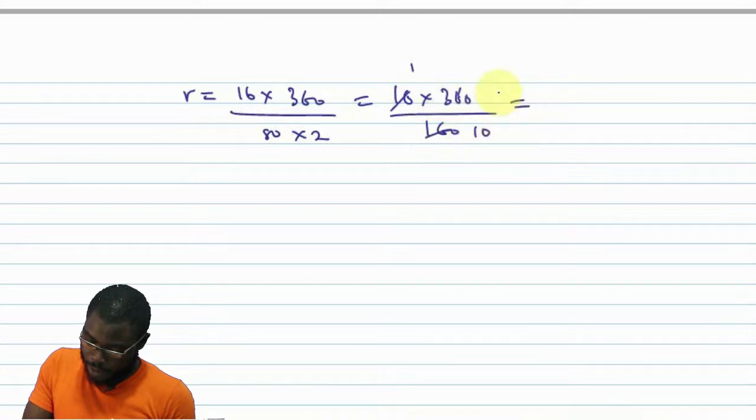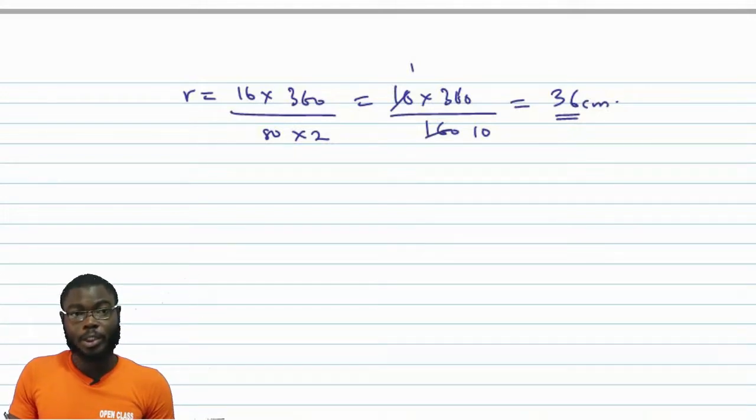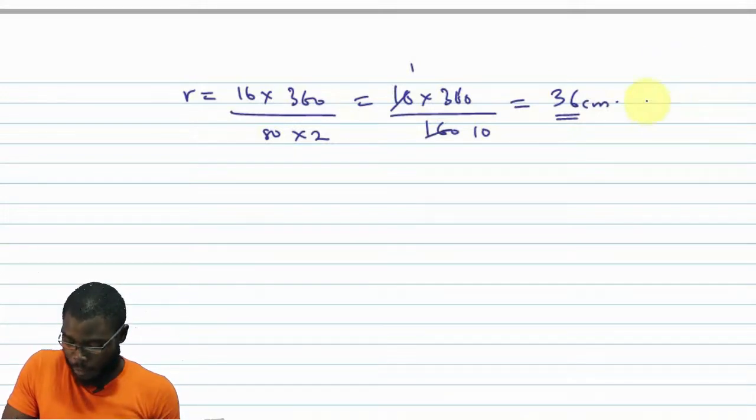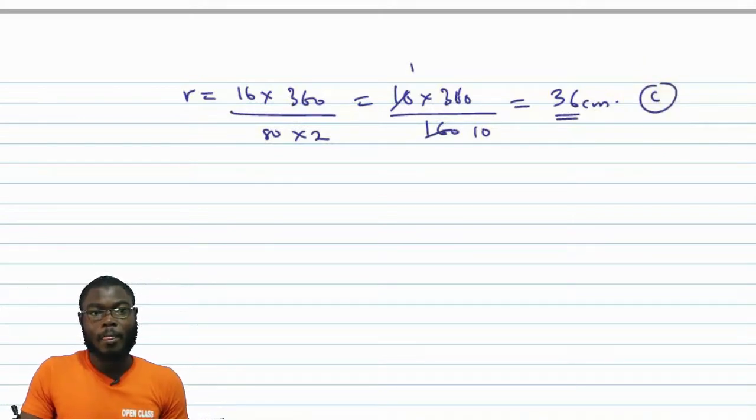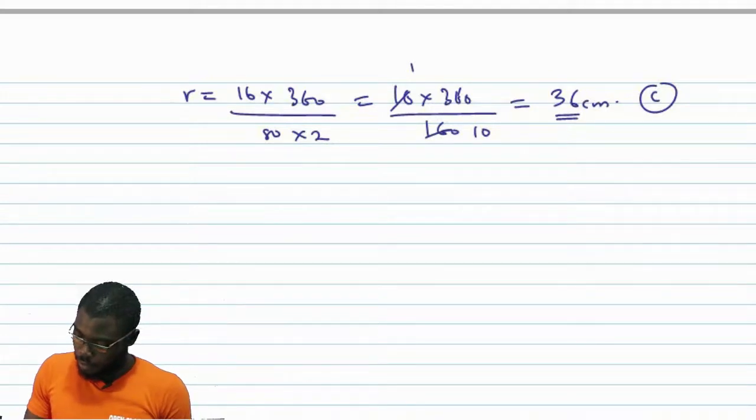So you have 360 divided by 10, you have 36 centimeter. The radius is 36 centimeter. So your answer is C. Okay, question number 32.